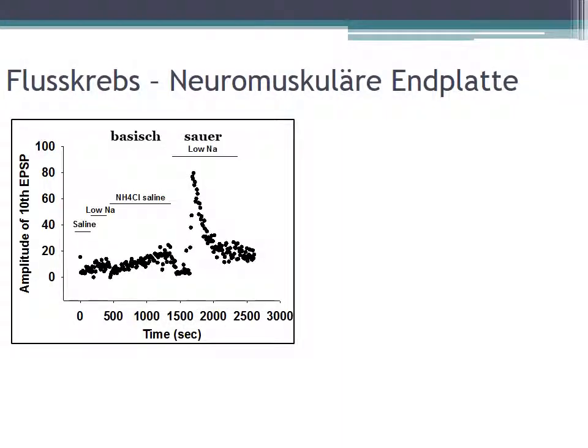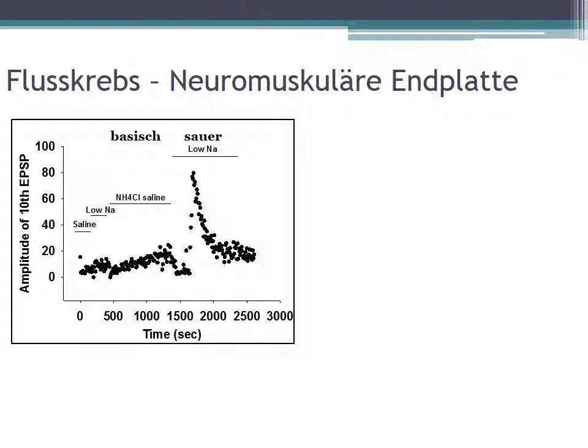And now we looked at the amplitude of the EPSPs. The amplitude you can see on the y-axis, and on the x-axis you can see the time in seconds. And each dot here stands for a preparation we did. So first, in saline, you can see that the amplitude of the EPSP is about 20 millivolts.